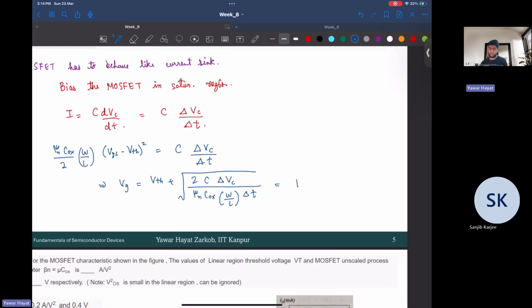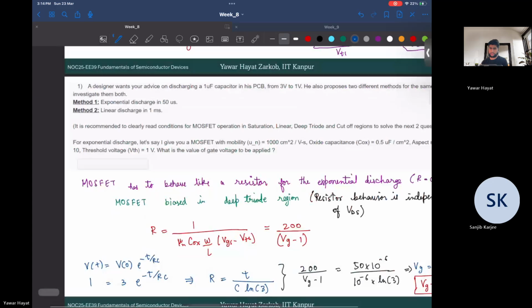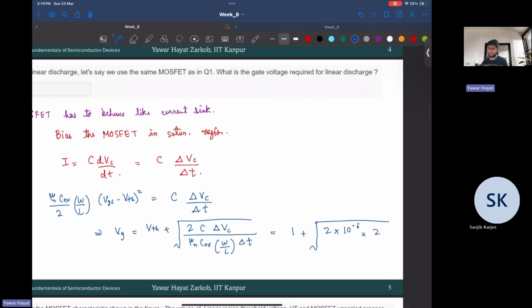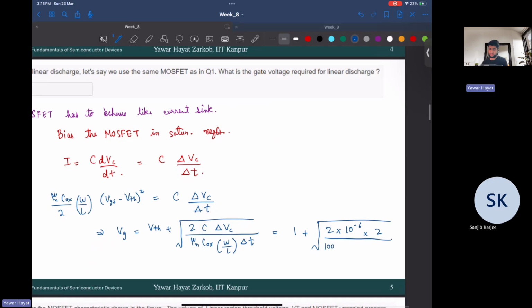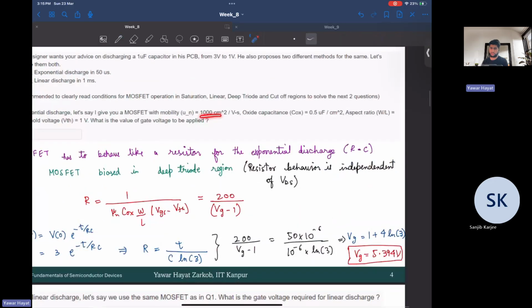This is equal to 1 plus square root of 2, C is 1 micro. Delta VC is the difference between initial and final, right? 3 minus 1, that will be 2. So you'll write 2 all divided by mu n is 1000 centimeter square per volt second, right? It was given.